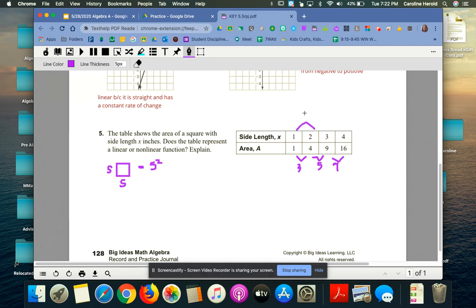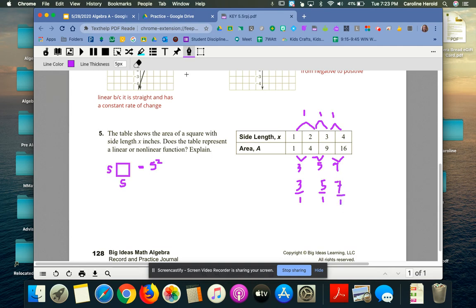X is changing by 1 here, and changing by 1 here, and changing by 1 here. So definitely we go from a slope of 3 over 1, here's that rate of change, right, to 5 over 1, which is not equal to 3 over 1. And then we have 7 over 1, which is also not equal.